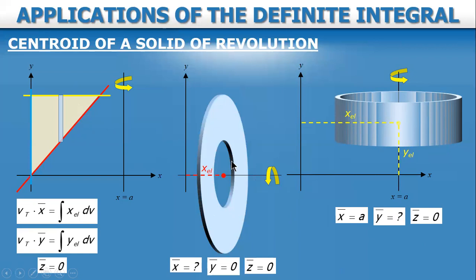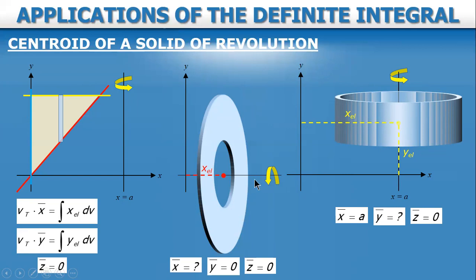If the region is revolved about a horizontal axis, it's either the x-axis or y equal to 2, y equal to 5, y equal to -3, or some other horizontal line. Basta horizontal line, you will only solve for x bar. How about y bar? The y bar is the y value of that line.